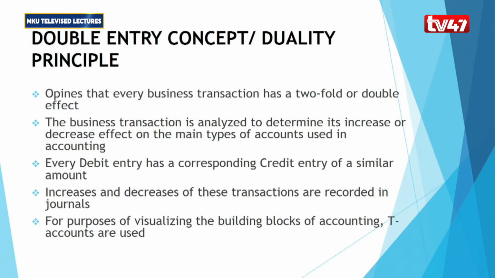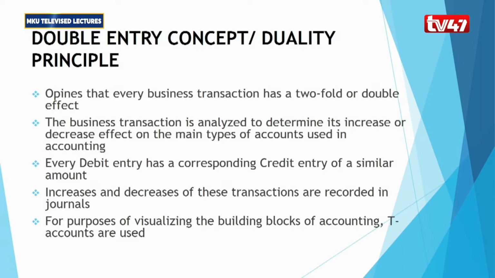So a business transaction, of course, we know it as any event that occurs in the business and has monetary worth or can be equated in terms of monetary worth. The increases or decreases will affect the various types of accounts used in accounting.